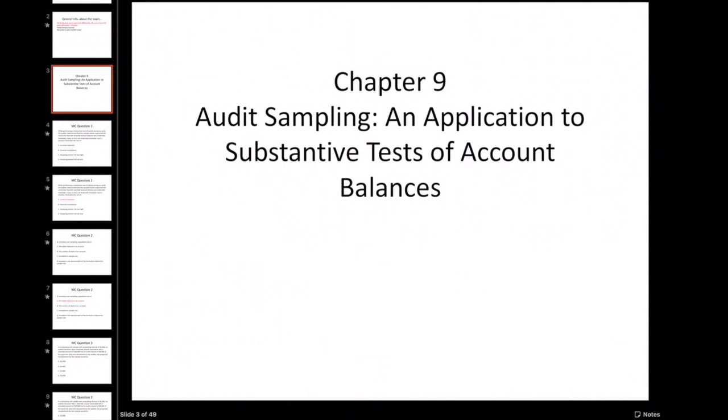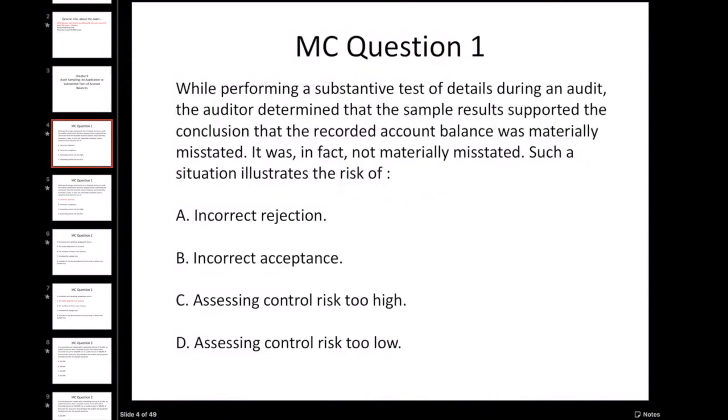Okay, questions over chapter 9, which we know was all about audit sampling for substantive tests. The first question is, while performing a substantive test of details during an audit, the auditor determined that the sample results supported the conclusion that the recorded account balance was materially misstated.